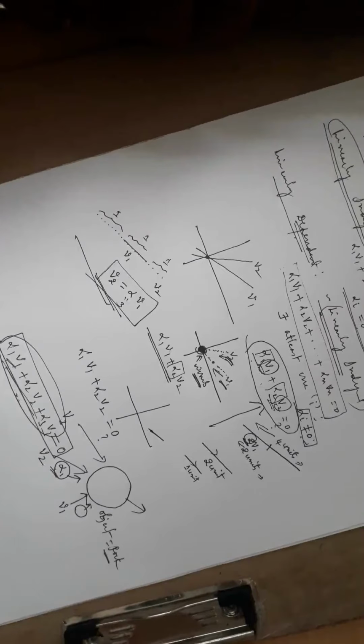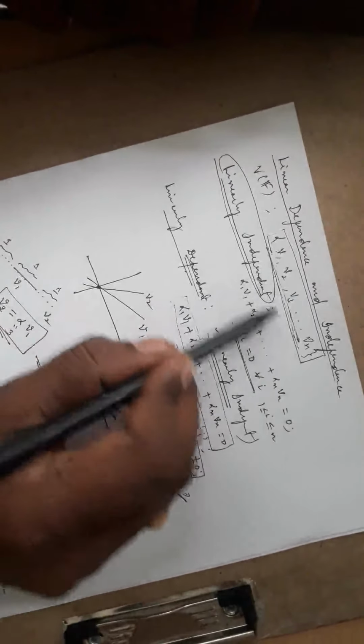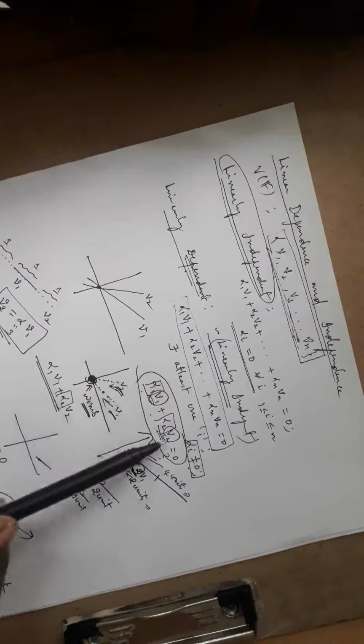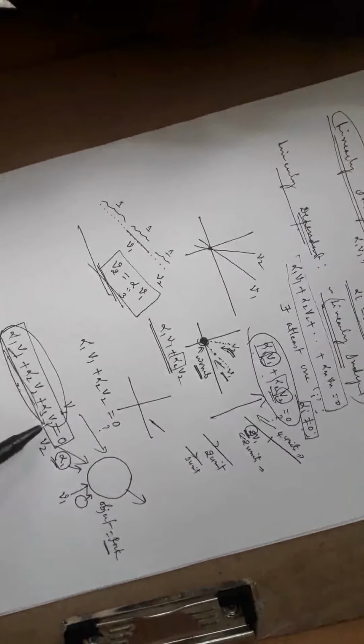Now, I have one remark here. What I took in the beginning was finite dimension. I took V1, V2, ..., Vn, n vectors. Here also I took 2 vectors, V1 and V2. Here also I took 3 vectors. That means I am considering only a finite number of vectors. What is the case if the vector space is of infinite dimension?